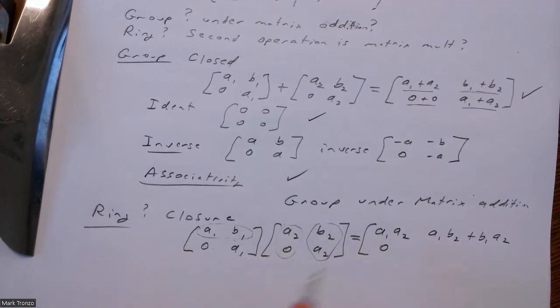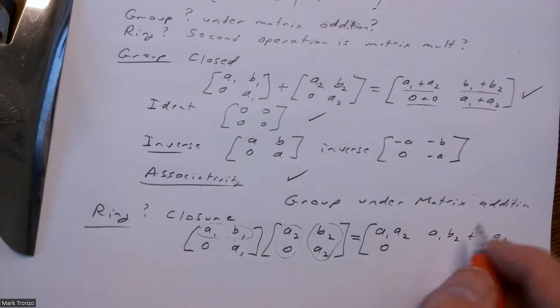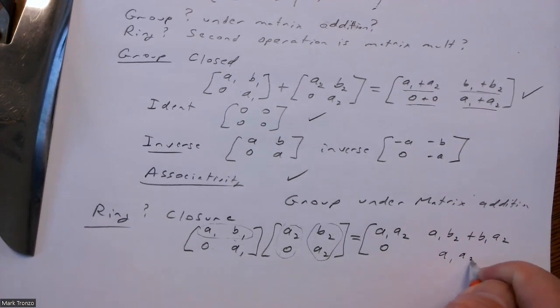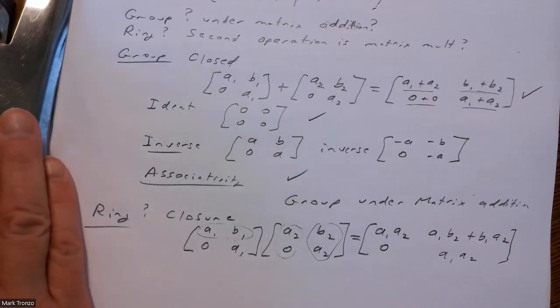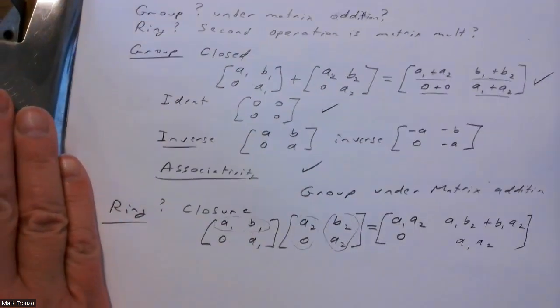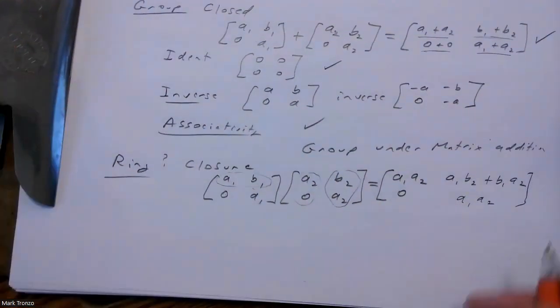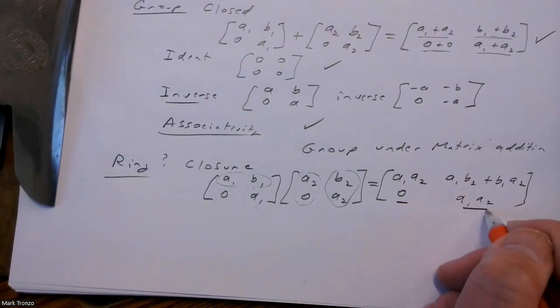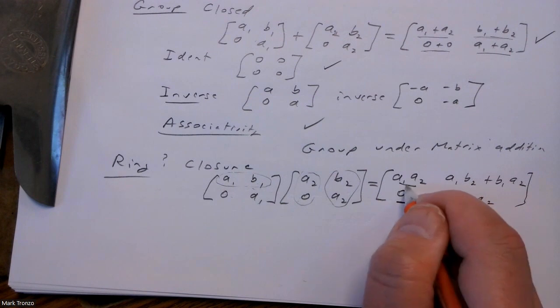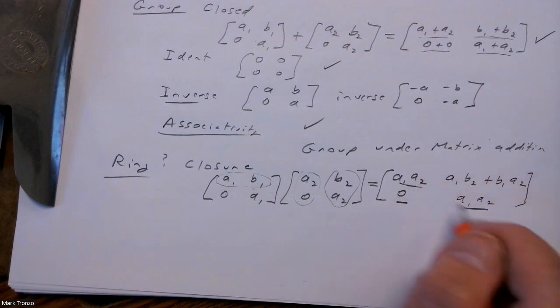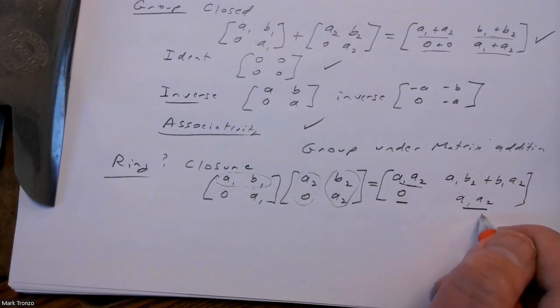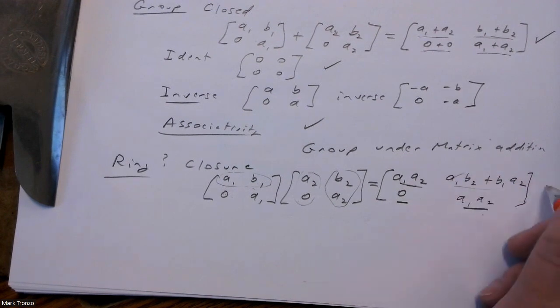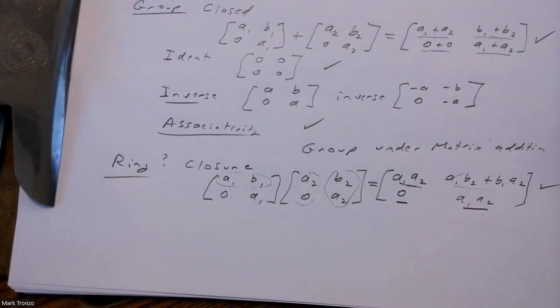Then finally, this one's going to be 0 plus A1 A2. And it looks like we got an element that's in the set, because we have the 0 in the lower left, the upper left and the lower right are the same, and this one could be anything. So this one is closed.